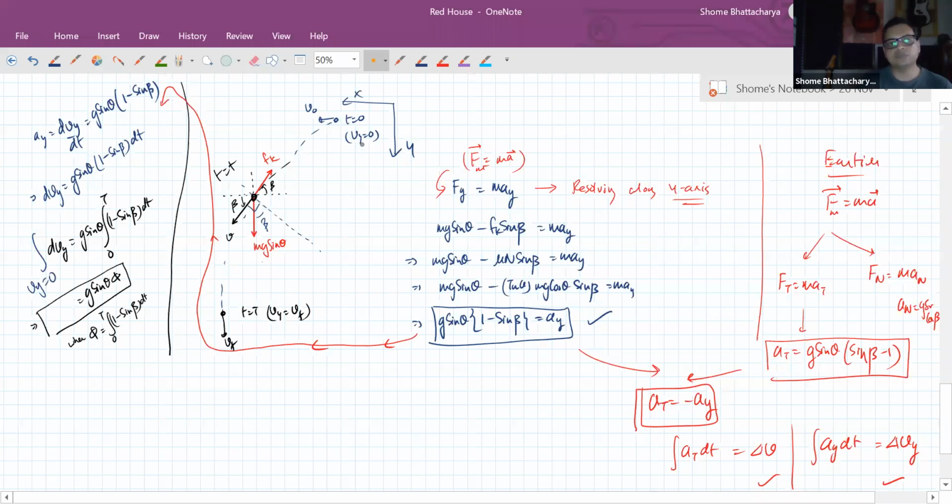You can see in this diagram, Vy was 0 at t equal to 0, and in the final case it becomes Vf. So our variable of integration is not the speed, it is Vy. So this is going from 0 to Vf. This equation will become Vf is equal to this, where phi is the unknown. And the earlier equation had the relationship between these two.